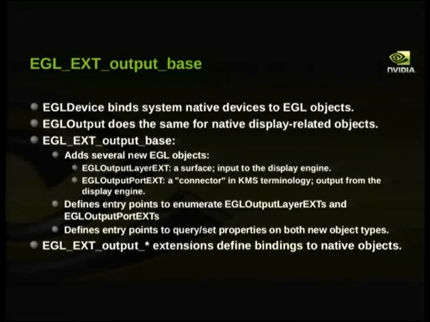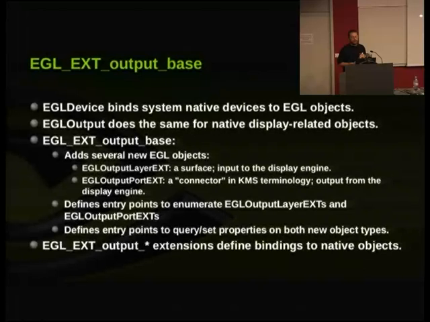So just like EGL device gives you a way to name GPUs in the system and then correlate them with other APIs that also deal with those GPUs, EGL output does the same thing for display-related objects. So the EXT output base extension defines several new EGL objects, the EGL output layer and the EGL output port.